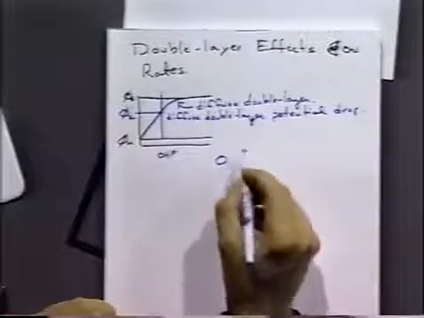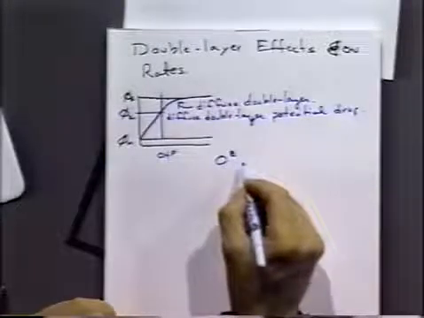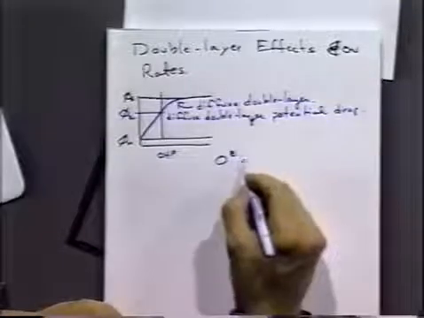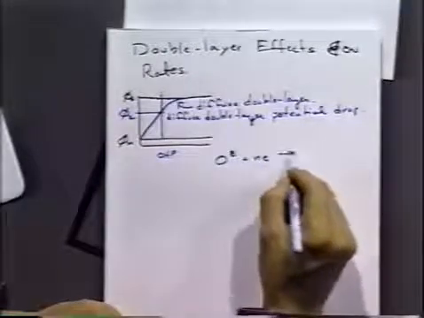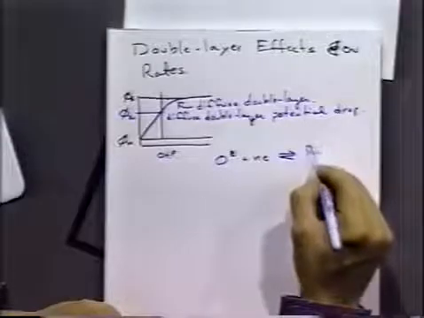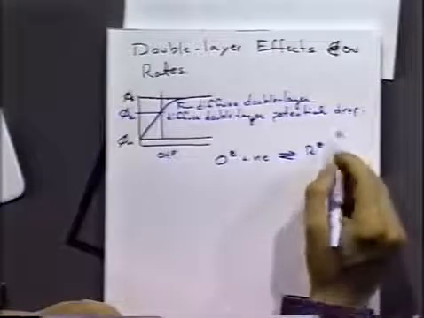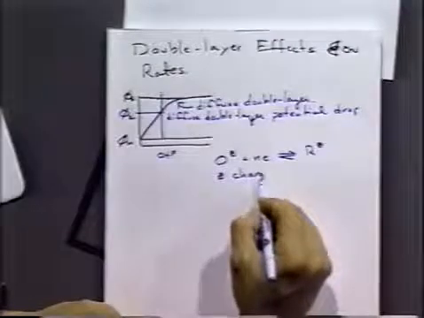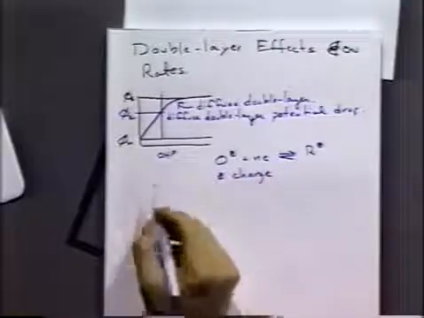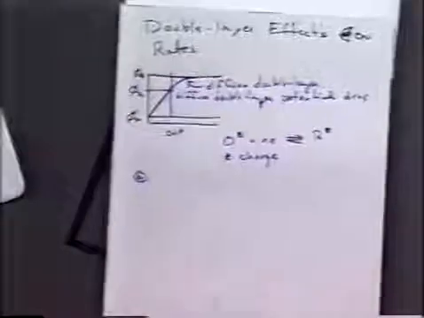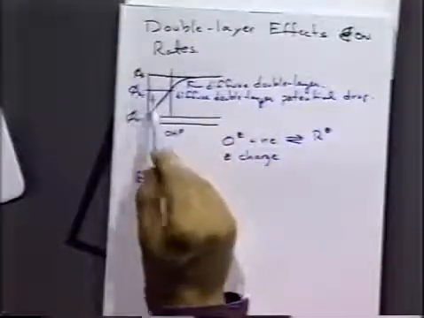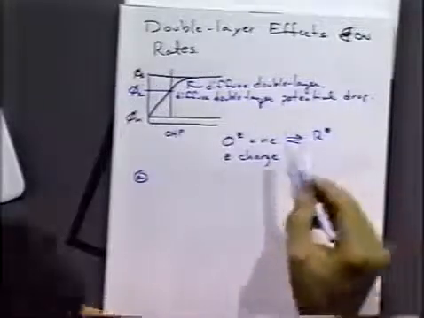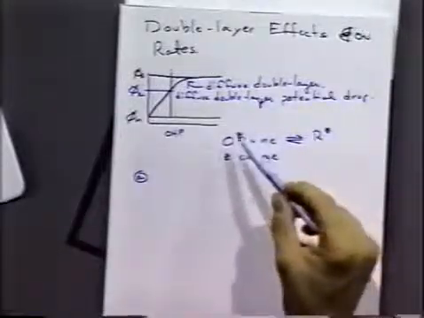Now, if we have a molecule that has a charge on it, let's call that charge z, so O could be O2+ or O1+ with n electrons, where z is the charge on the species. Since we have this phi 2 effect, there's going to be some effect on the electrochemistry of this charged molecule.